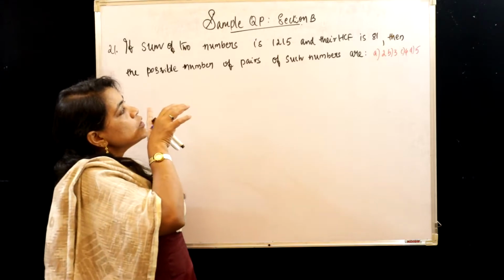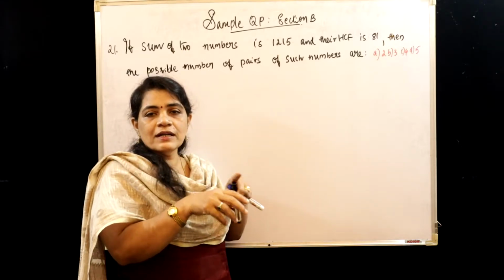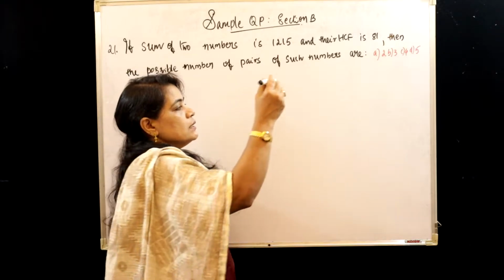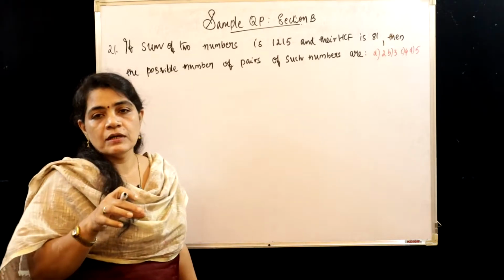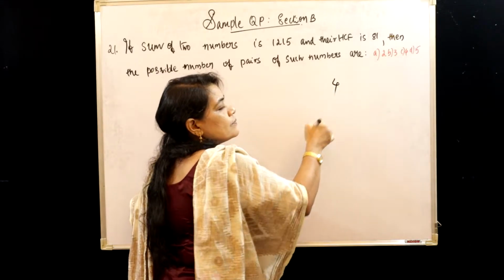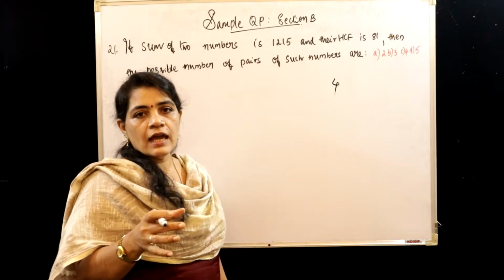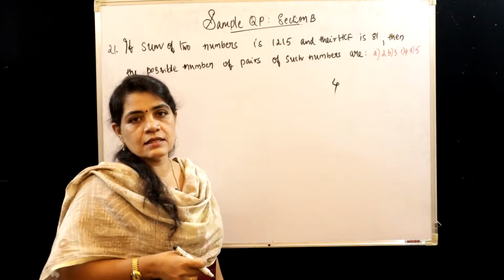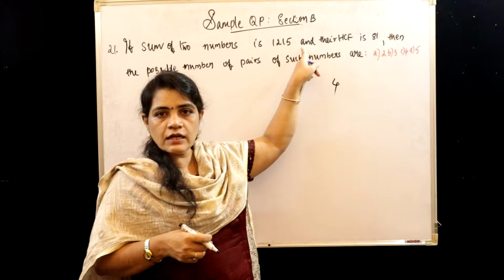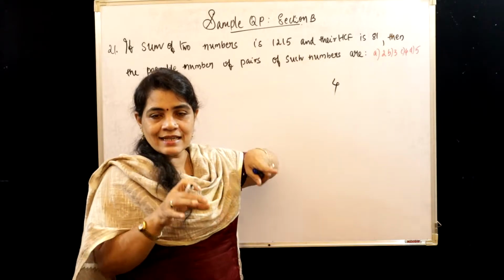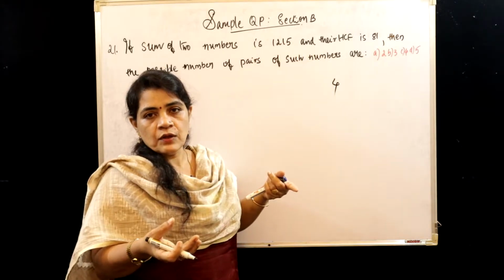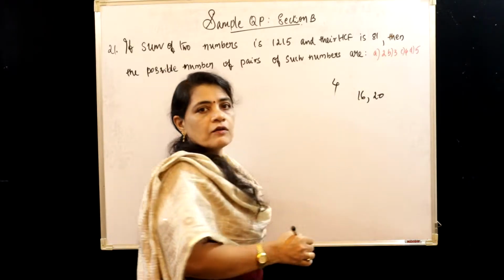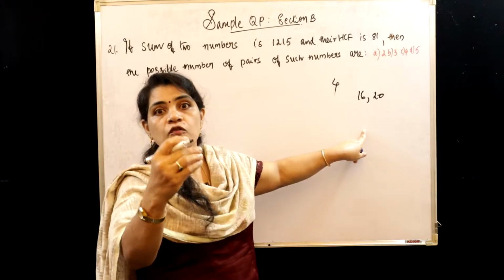Before moving to this question, I will explain this by taking simple numbers. Suppose you take two numbers and their sum is 36, instead of 1215. Suppose I am taking 16 and 20. What will be their HCF, the highest common factor?